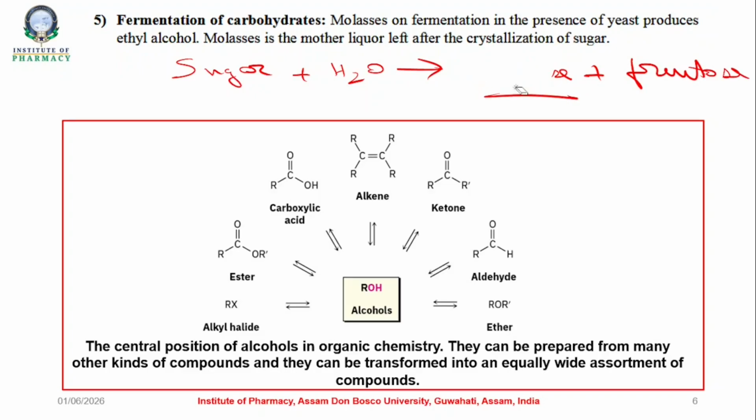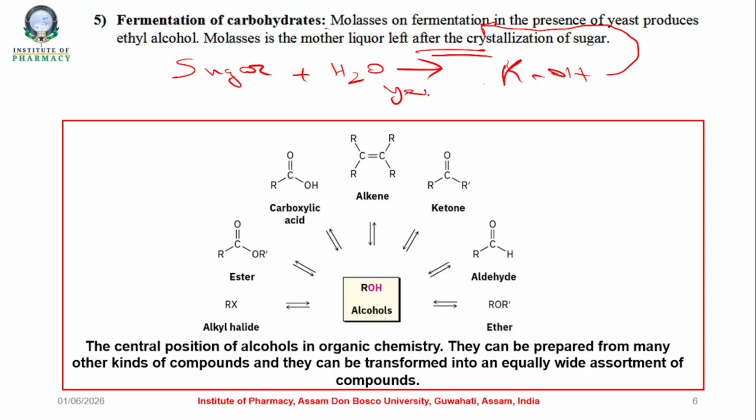From this glucose and fructose we get alcohol by the process of fermentation. So this is one of the most common methods, in which yeast is used, and we also get carbon dioxide as the byproduct in this case.